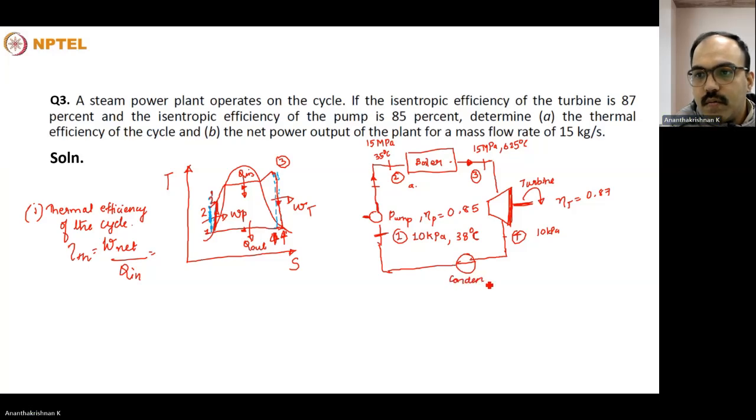So the net work will be associated with only two components, that is a turbine as well as a pump in this case. So you can write it as work of the turbine, that is a positive work, and then the work of the pump, that is a negative work, the work input to the system.